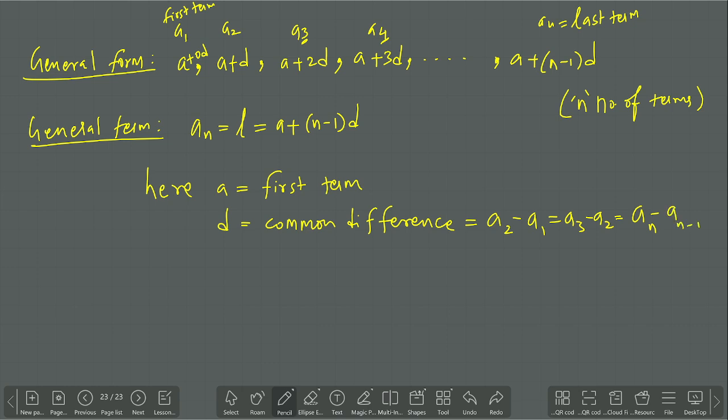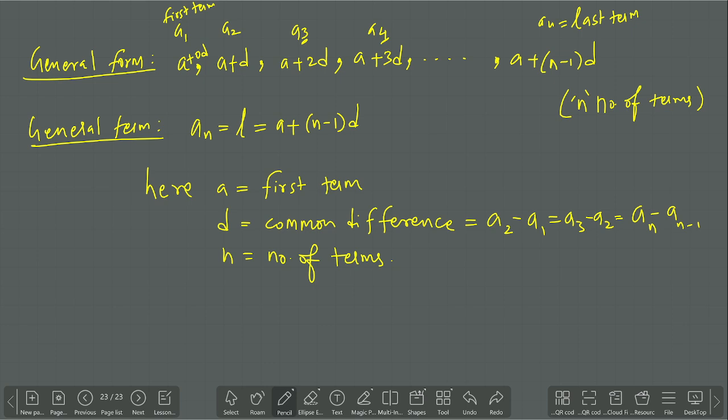Do you understand? D equal to A2 minus A1 is enough. What about N? N is the number of terms. How many terms do we have? N terms.